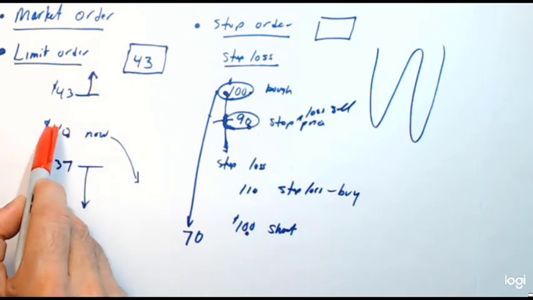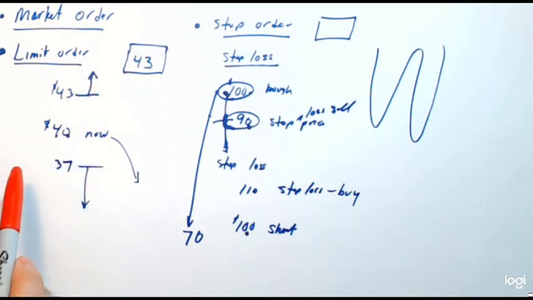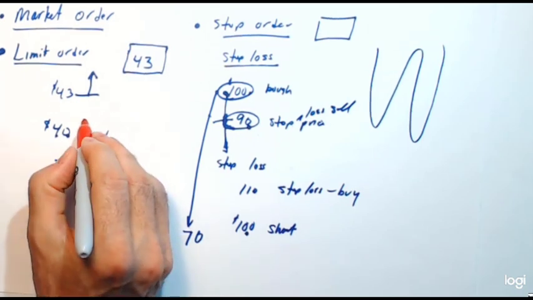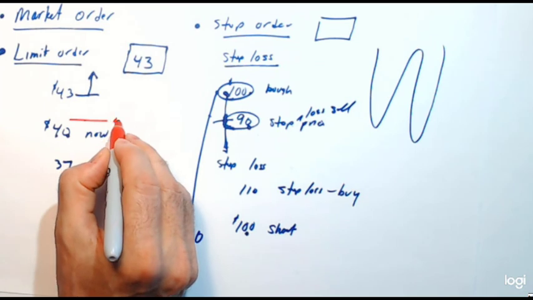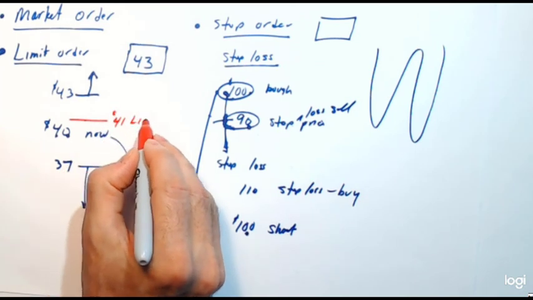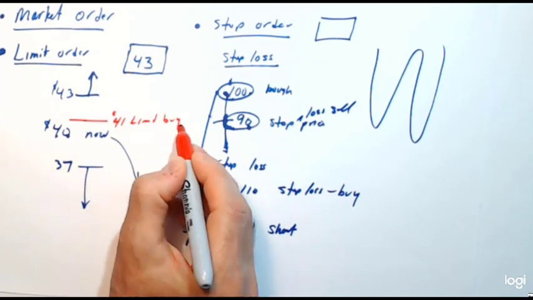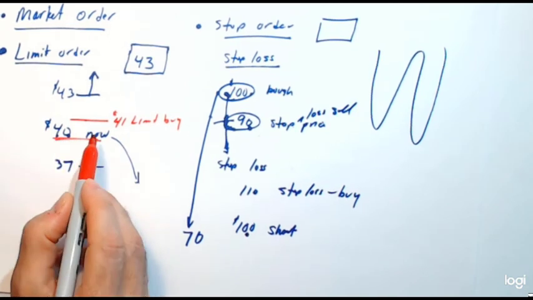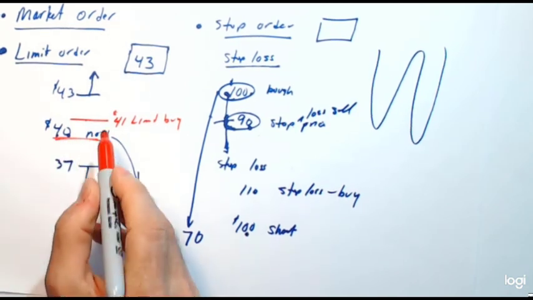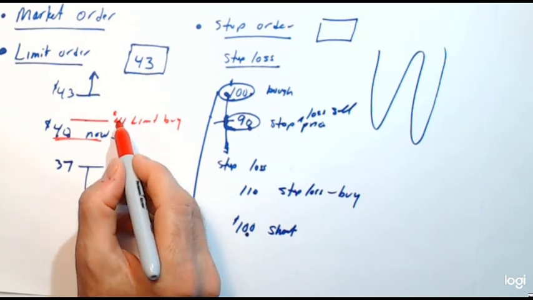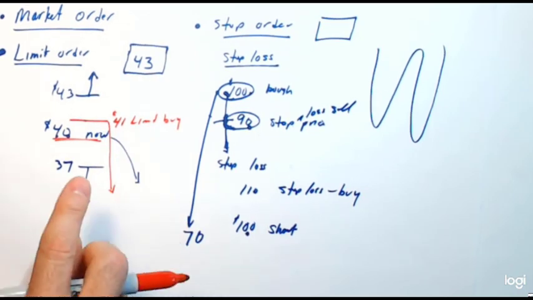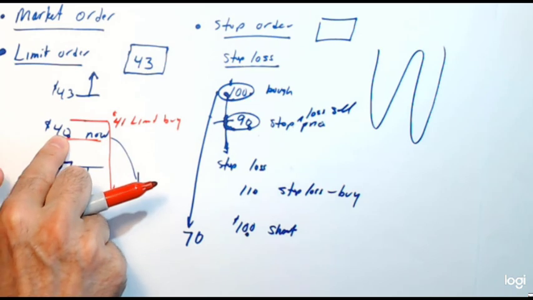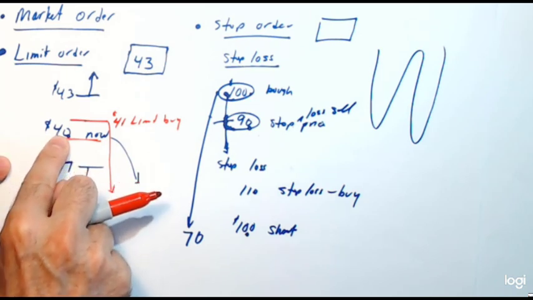These orders were not in the market, but with a marketable limit order, I could put in a limit buy at 41. Okay, so notice what happens here. The stock right now is at 40, and I'm saying I want to buy at 41 or less. The market is already at 41 or less.